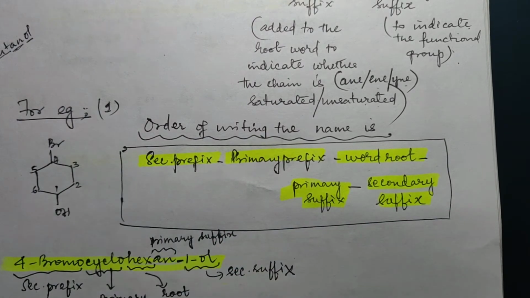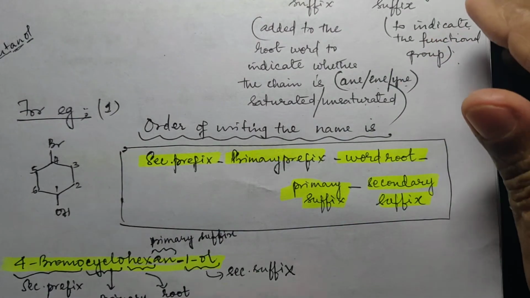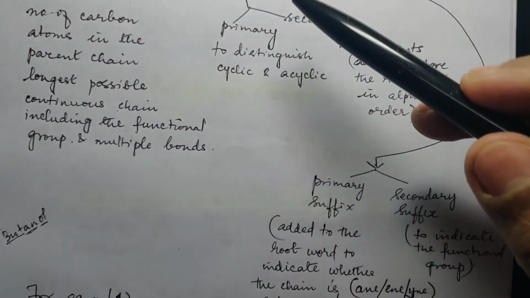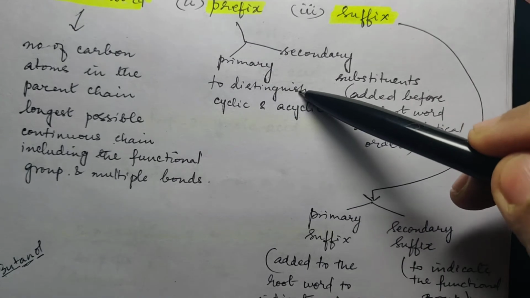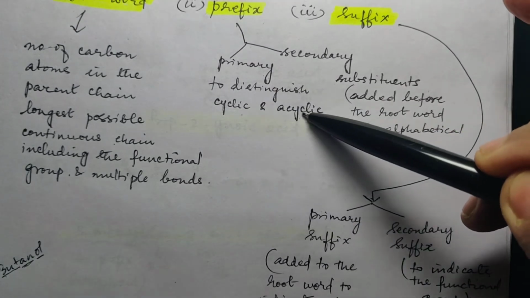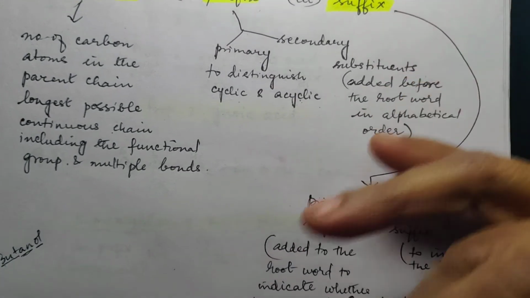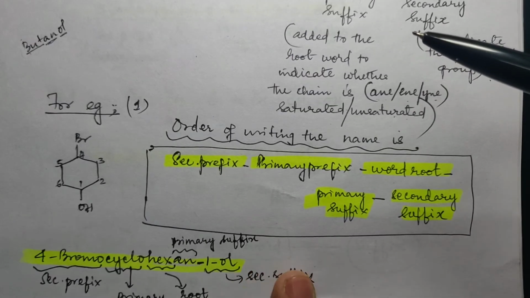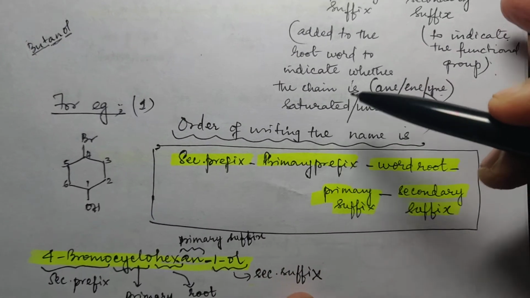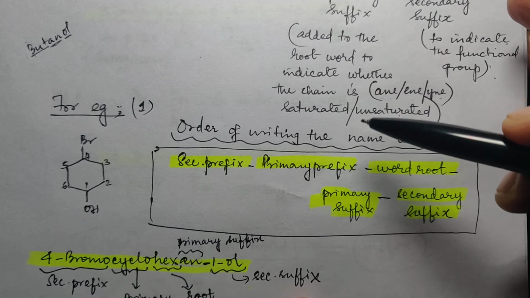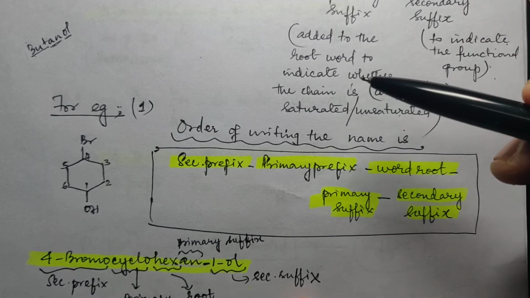Now the first example. Initially when I told you about prefix, I told you to distinguish cyclic and acyclic, I told you, is it not? Now let us see that. Cyclic means if the substituent that is attached, if it is cyclic.